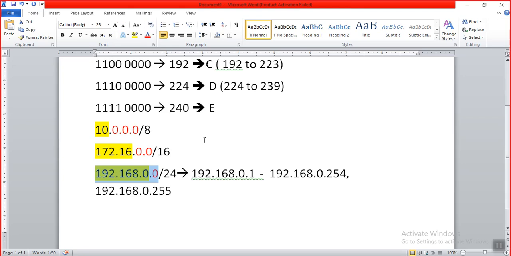That code is not going to manage the first one and the last one, where the host bits are all on. This IP address is known as broadcast, and the others are known as unicast IPs, where one-to-one communication is possible. But if you use this IP, one-to-one communication is not possible.